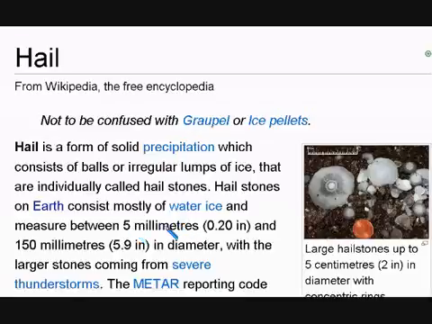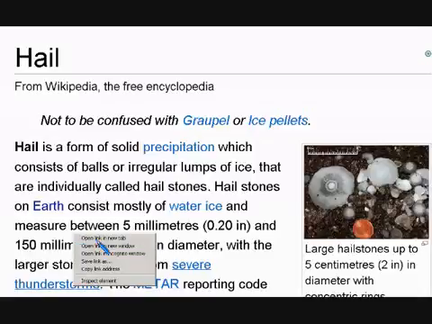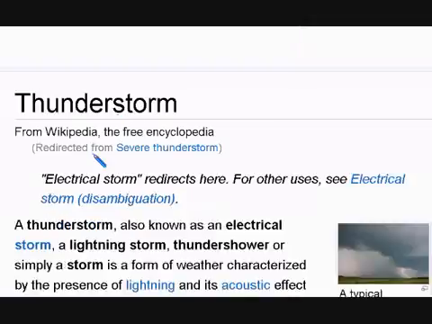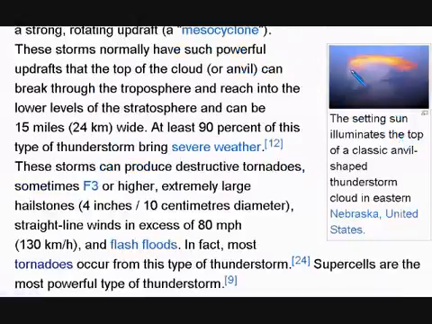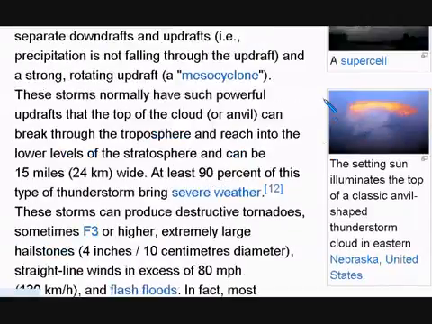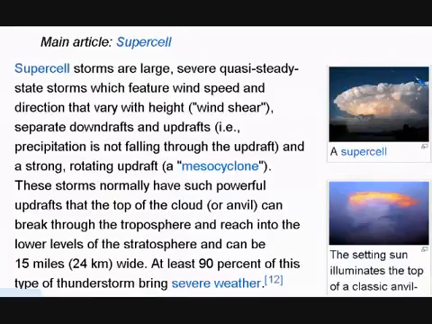That would be a severe accident. A severe thunderstorm is weather that's very bad. So you can see here we have some possible bad weather in a thunderstorm. Here's another possible bad weather coming from the thunderstorm.